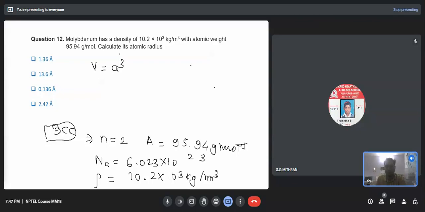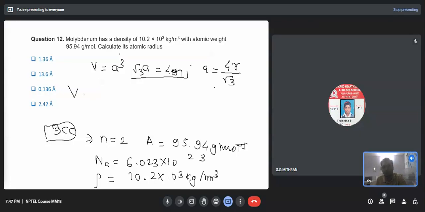For BCC, root 3 A is equal to 4R. So we can write A as 4R by root 3, and this A we can write in the volume.